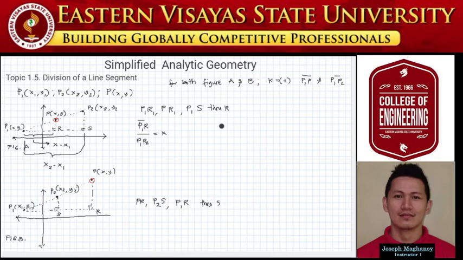So in finding the x coordinate of P, it is equal to x sub 1 minus x sub 2 minus x sub 1. Recalling our ratio k, P over P sub 1 is equal to k.